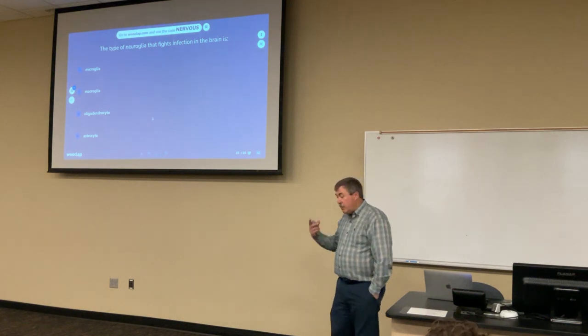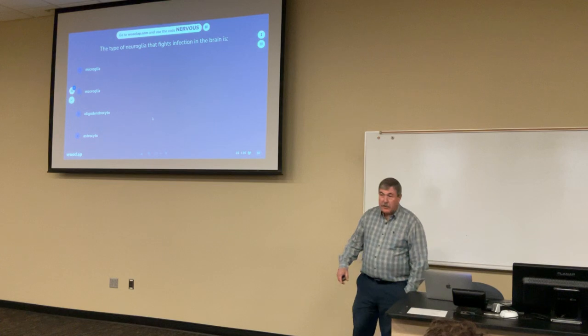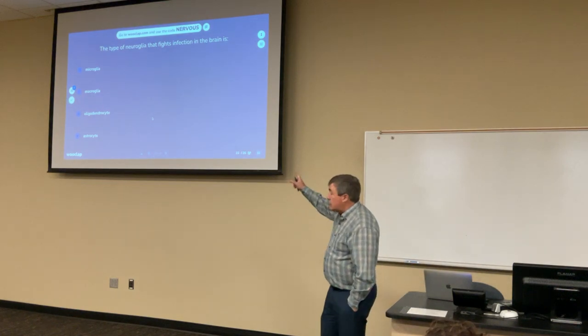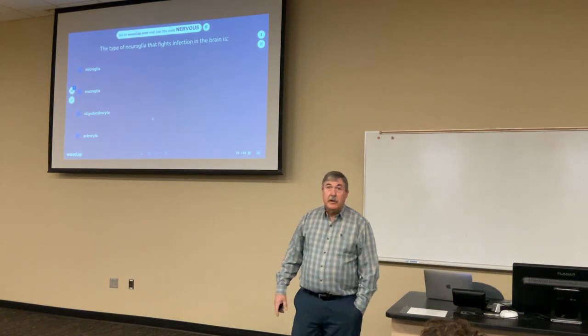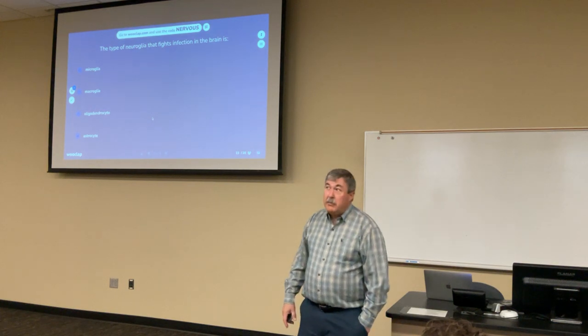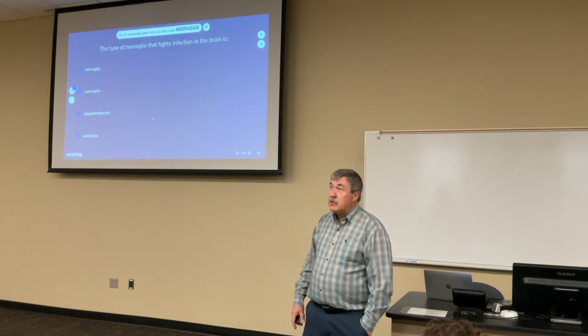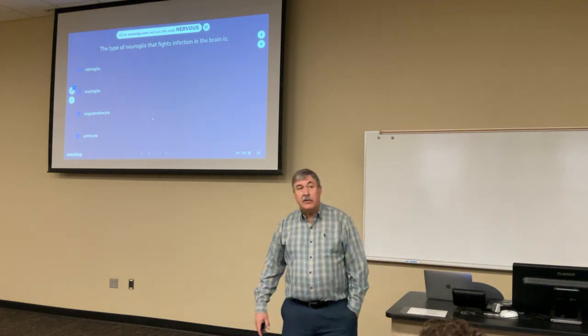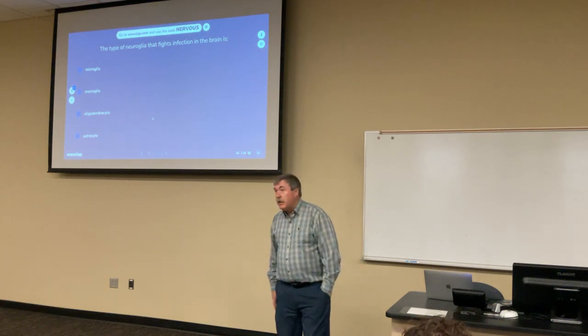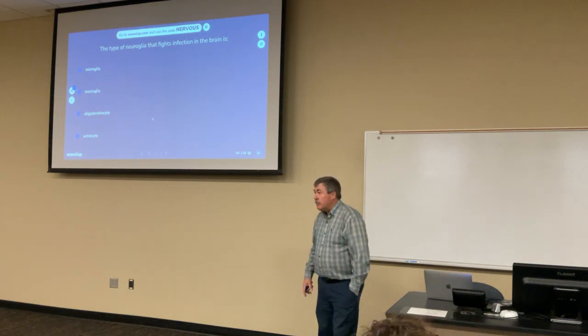Actually, I'm going to mention something after you get done answering here. This particular cell that this question is referring to, they think it might be associated actually with Alzheimer's disease. Not the presence of it, but a lack of sufficient numbers of this cell type.